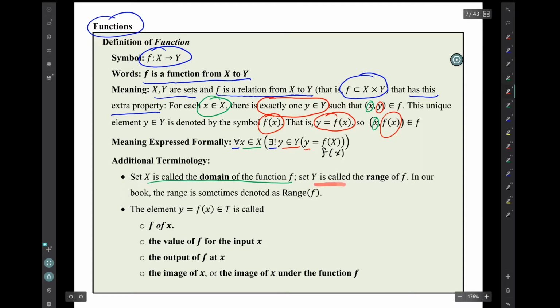And set capital Y is called the range of function little f. In our book, the range is sometimes denoted this way: the word range, parentheses, symbol f. Now, that particular element y, which is f of x, is called f of x. It's also called the value of f for the input x. It's also called the output of f at x. It's also called the image of x, or the image of x under the function f. So very peculiar terminology.